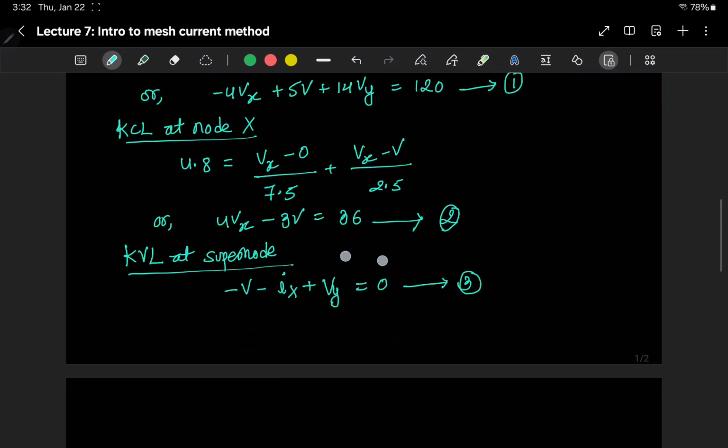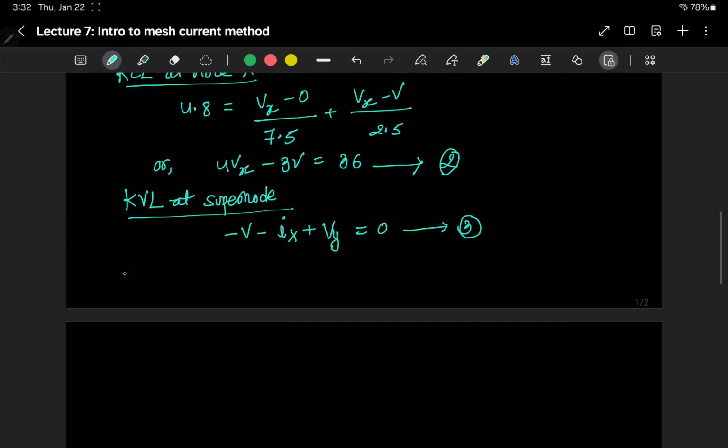So we use the dependent variable, which will be ix is equal to vx minus 0 divided by 7.5.